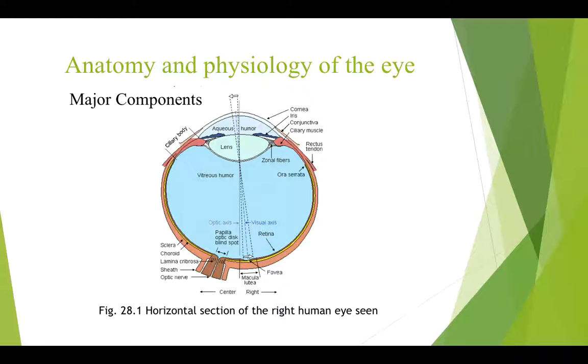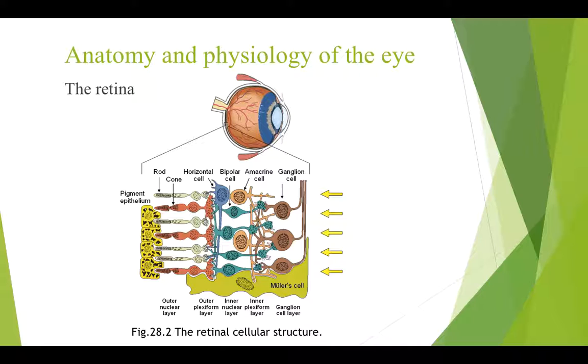The lens, located behind the aqueous humor, completes the focusing of the light, begun at the cornea, on the retina. A drawing of the major elements of the retinal cellular structure is shown in Figure 28.2. In this figure, light enters from the top and passes through the neural structure to the photoreceptors, which are the rods and the cones.